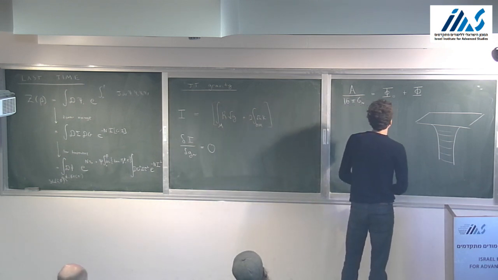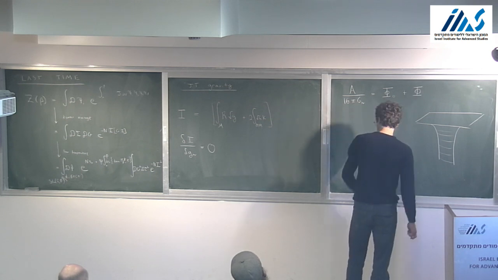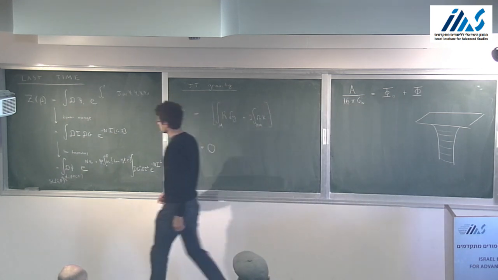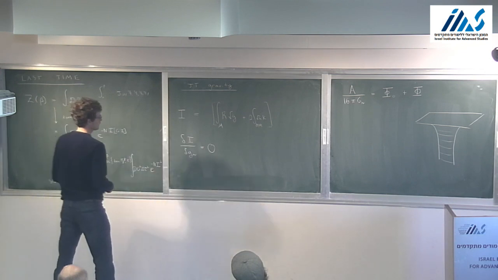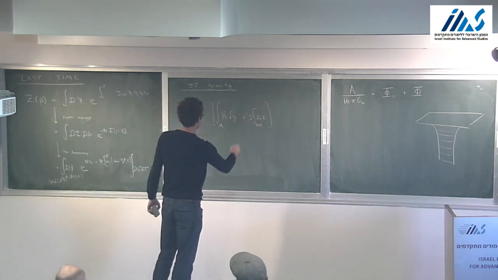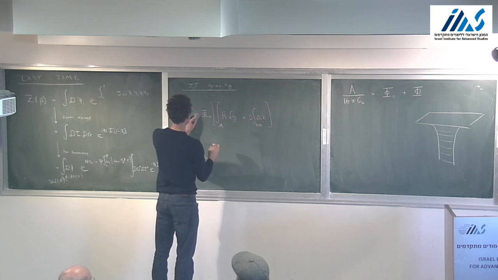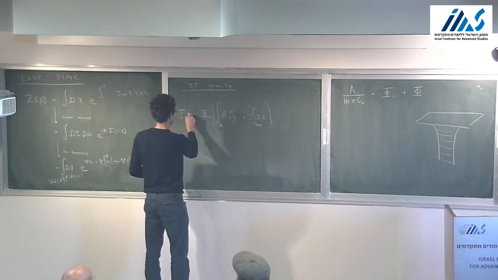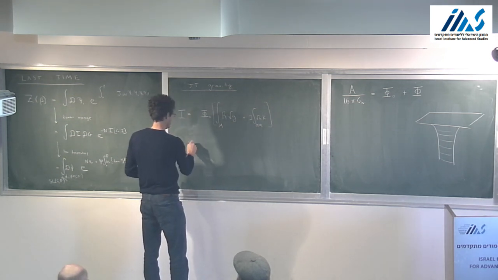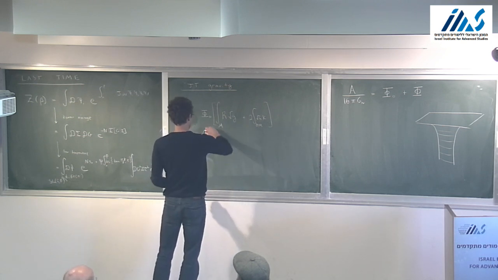So if you reduce the higher dimensional gravity, keeping this field and the two-dimensional metric, then you get the action that we wrote here times phi naught plus another term.